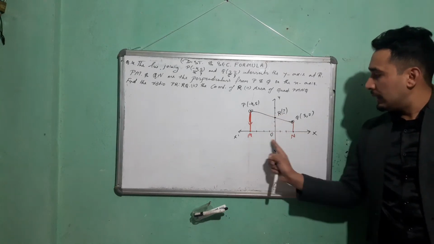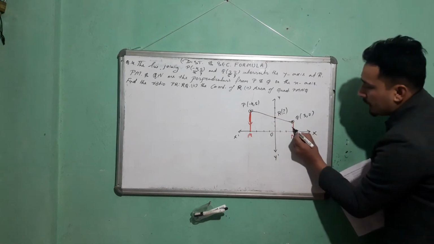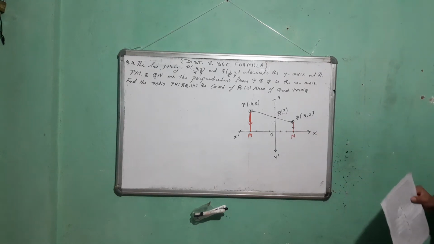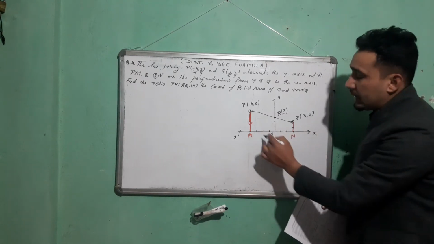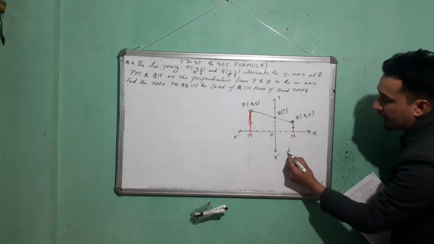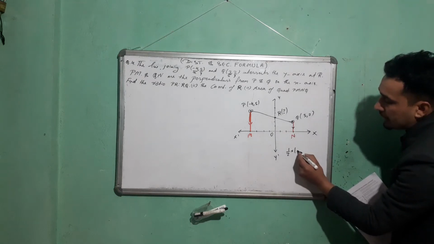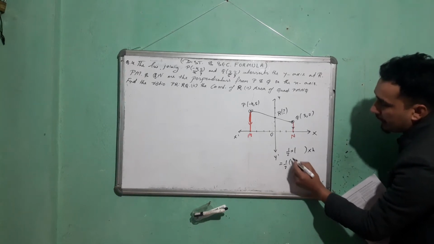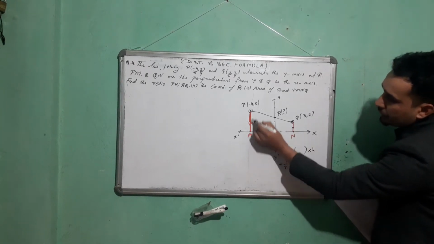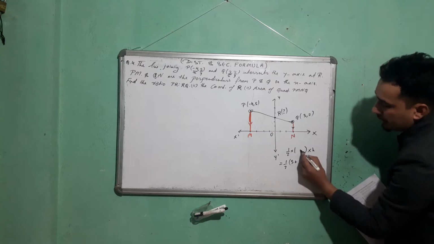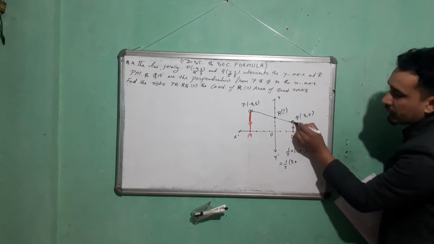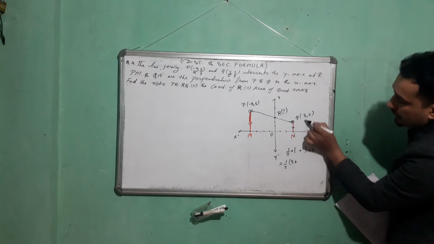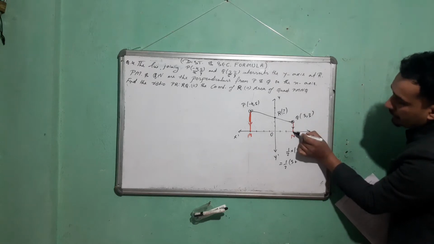So this is a trapezium. Its area can be calculated using the formula half into sum of parallel sides into height. The parallel sides are this side, from here to here is 5 units, plus another side, from here to here is 2 units, this value of y.